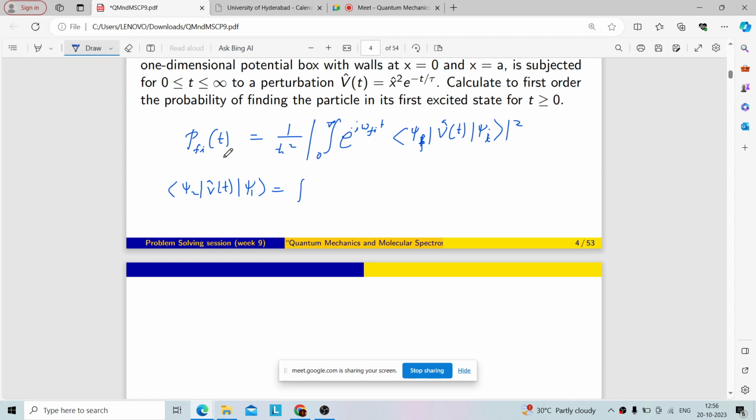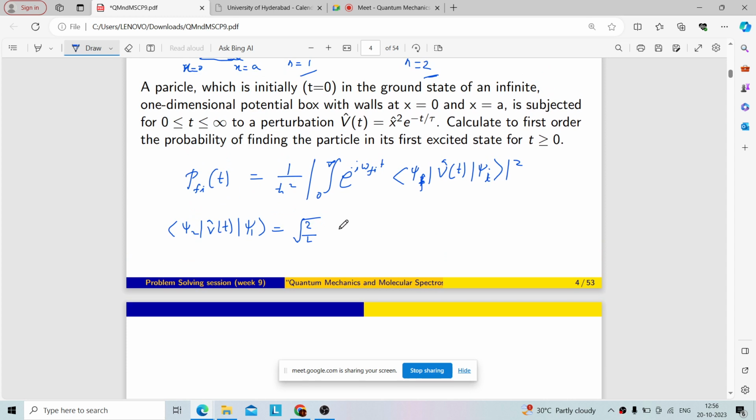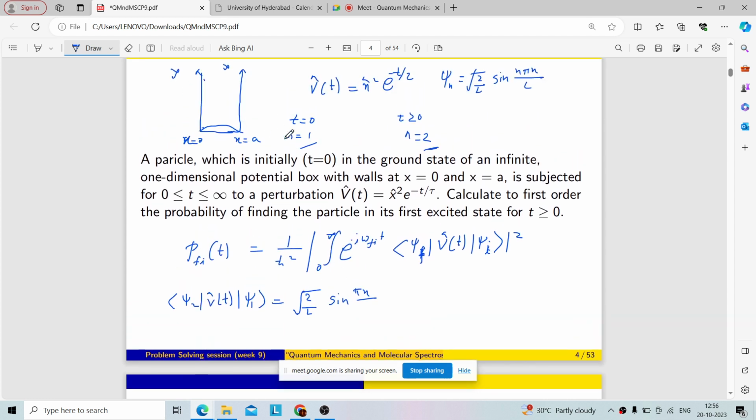We will have root 2 over L outside. Then what remains is sine pi x over A, the length was A, so this is A, not L.